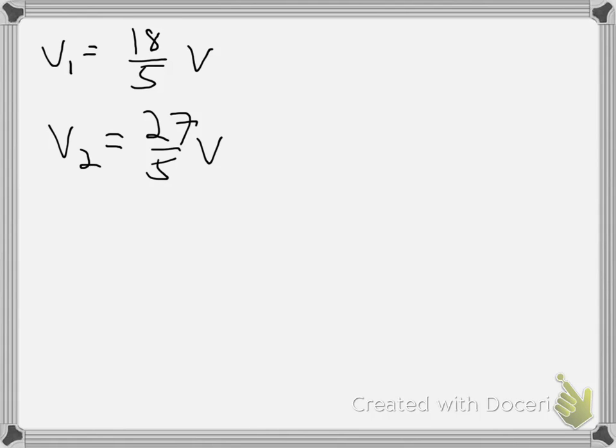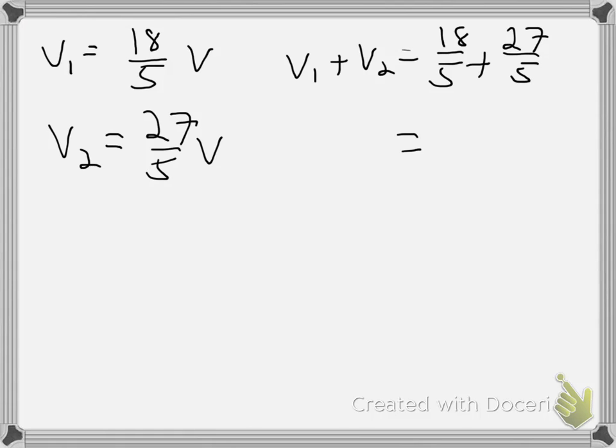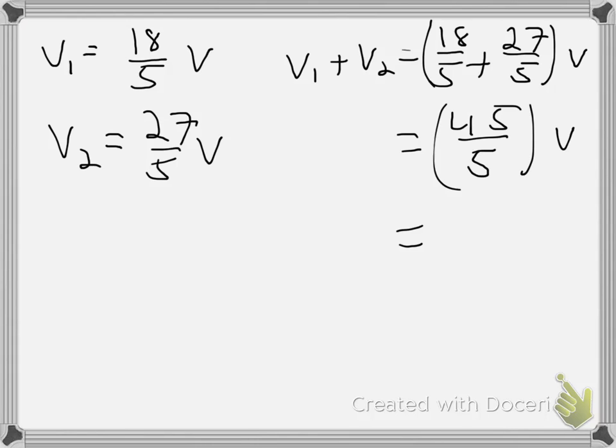If I add these together, V1 plus V2, I get 18 over 5 plus 27 over 5, which is 45 over 5. I'm sorry, I should really be using units here. If I'm going to ask you to do it, I should do it too, right? If you reduce this fraction, it's 9 volts.